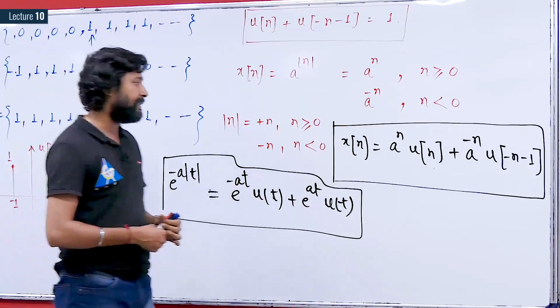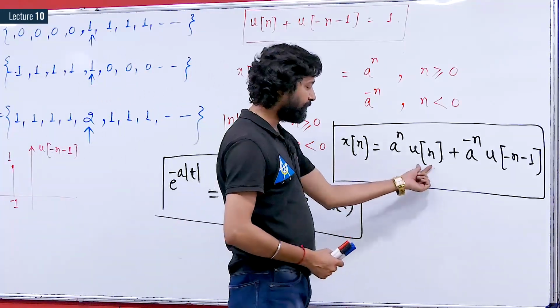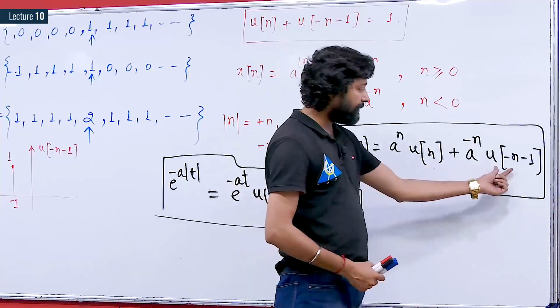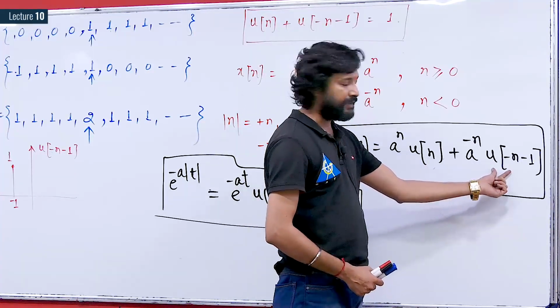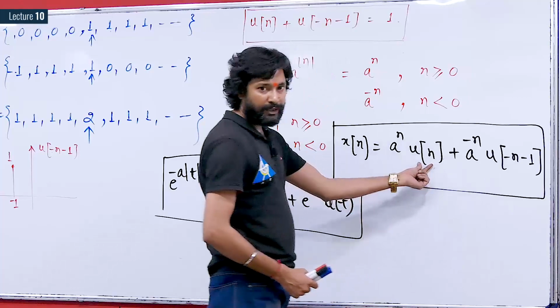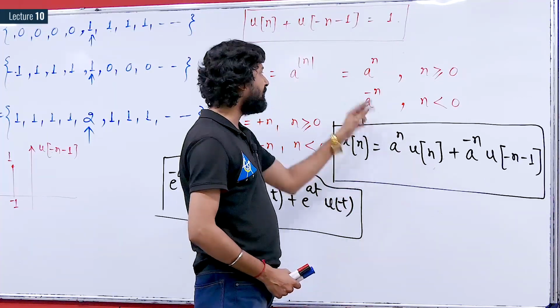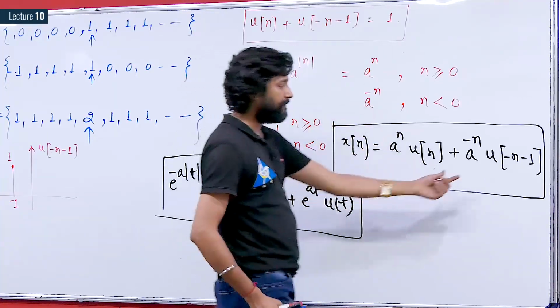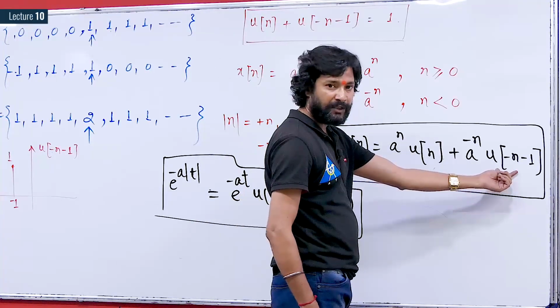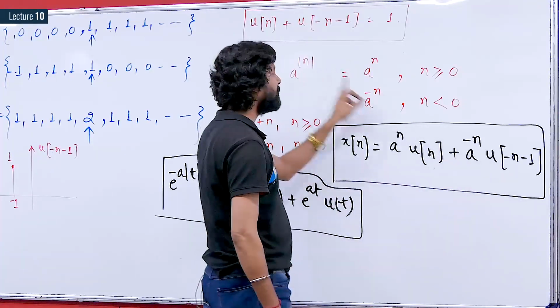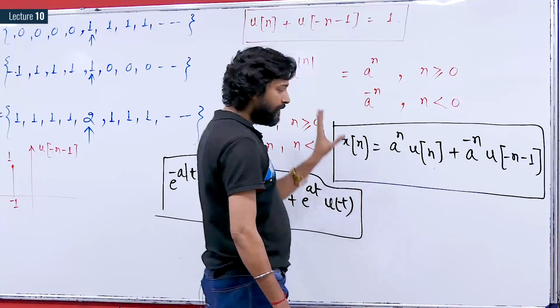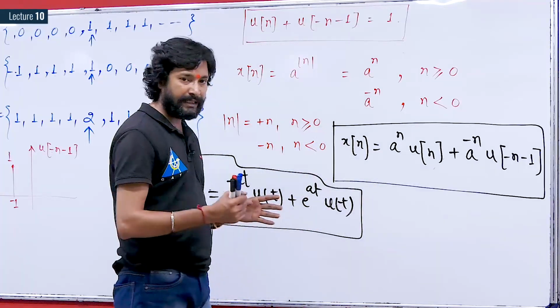So we have defined it in two parts, first from 0 to infinity and second from minus infinity to minus 1. For the first part, mod of n is positive, therefore this factor is a to the power n, and for the second part n is negative, so mod of n is negative, therefore this factor becomes a to the power minus n. So these differences must be taken care of.